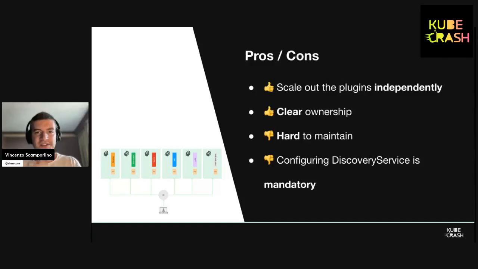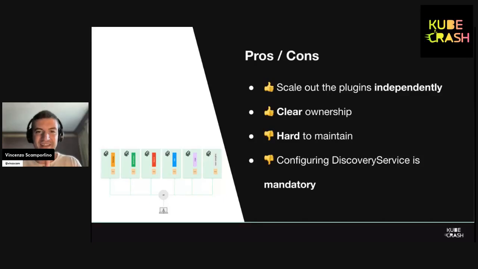But I think there are stronger benefits than scaling, because as each plugin will live in its own repository, this approach will set a clear ownership of who owns a specific plugin. So each plugin can be owned by a different team, and they can own that plugin end to end, from maintaining the code to making sure that everything works as expected.